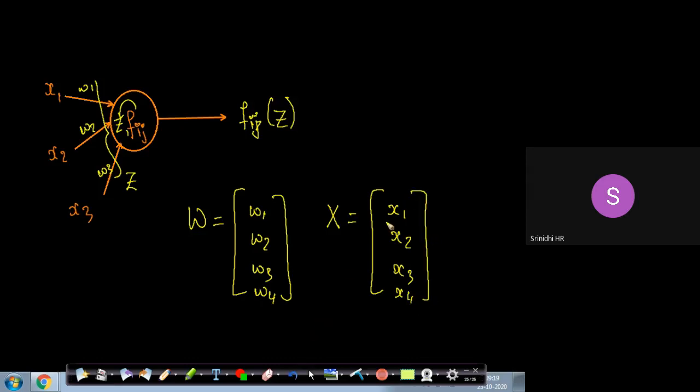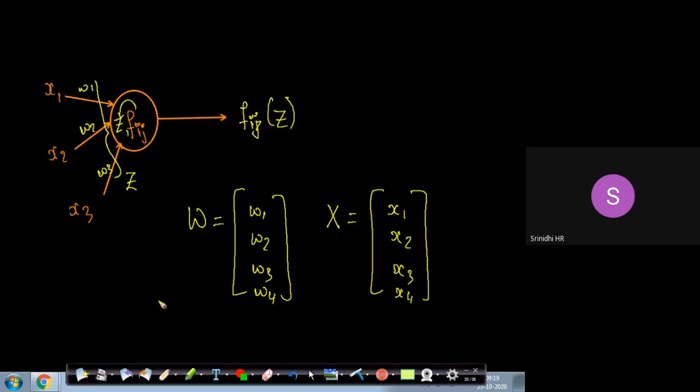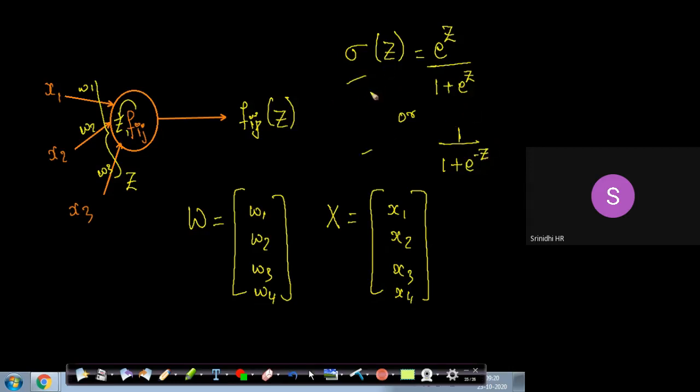Our main intention is the derivative of loss with respect to W. In the sigmoid function, sigmoid of Z is equal to e power Z divided by 1 plus e power Z, or it can be written as 1 divided by 1 plus e power minus Z. Either formula works; they look the same.